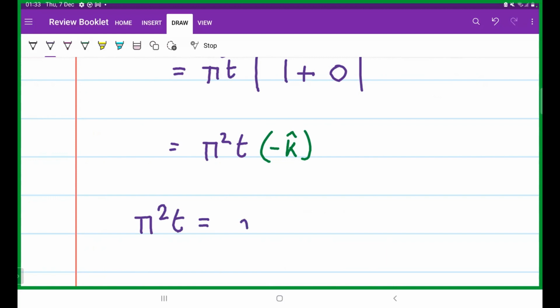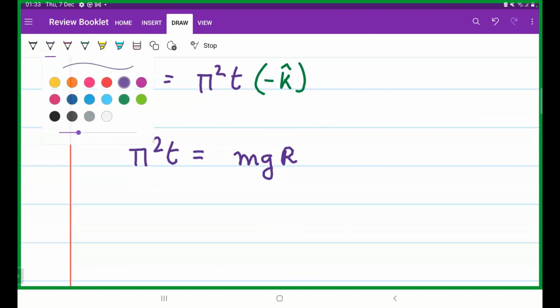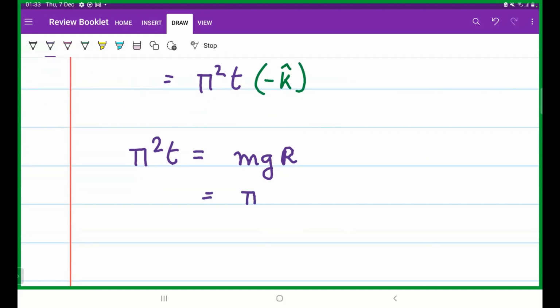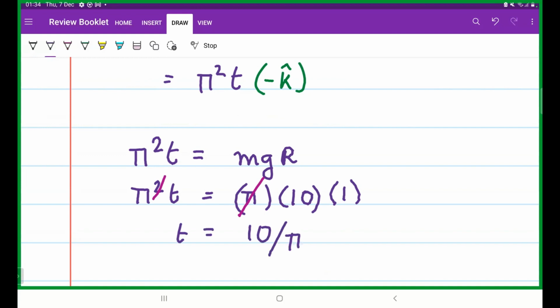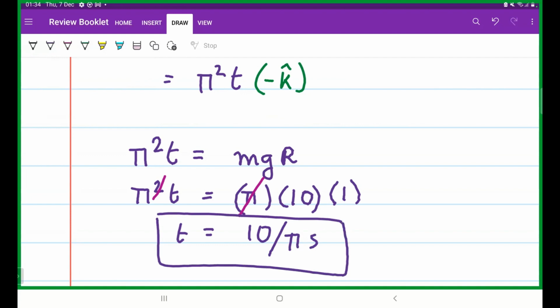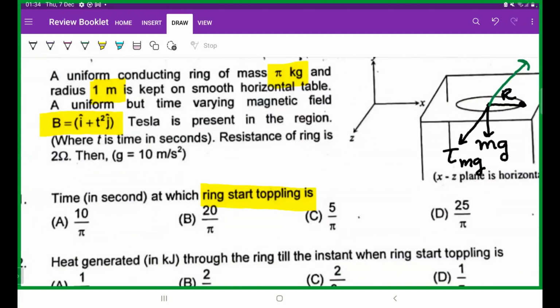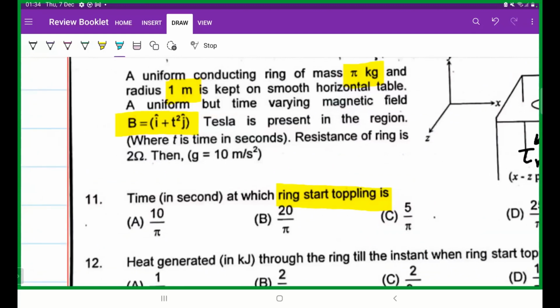This will be equal to mgr, right? Mass is pi, gravity is 10, radius is 1. This is pi square t. Cancelling pi, so time is 10 by pi seconds. And we have our first answer, 10 by pi seconds. Yeah, option A is the correct answer.